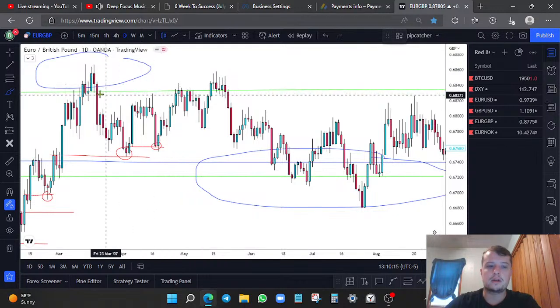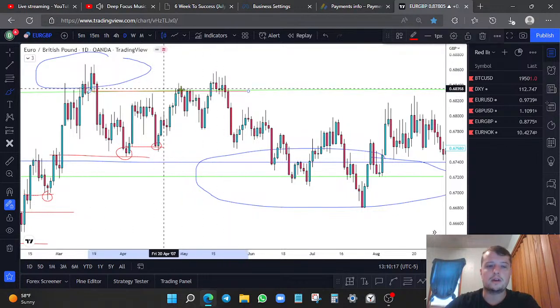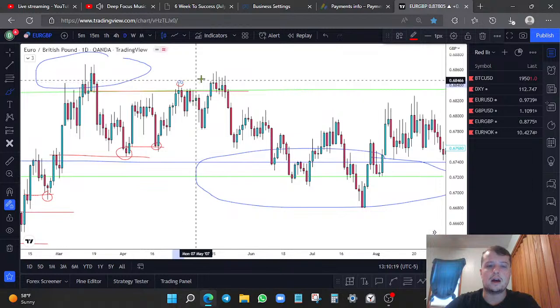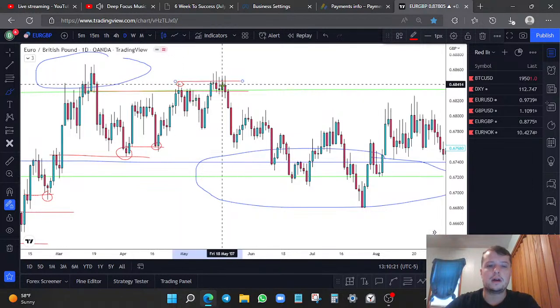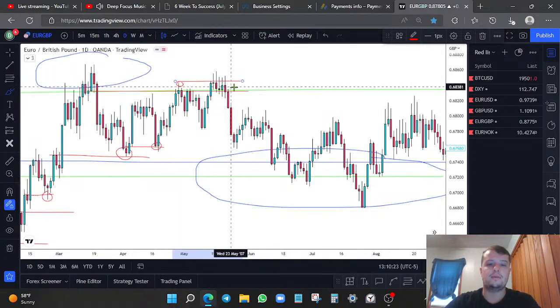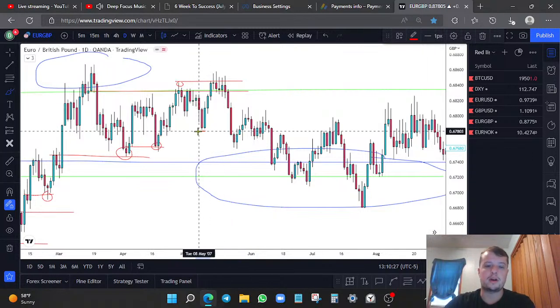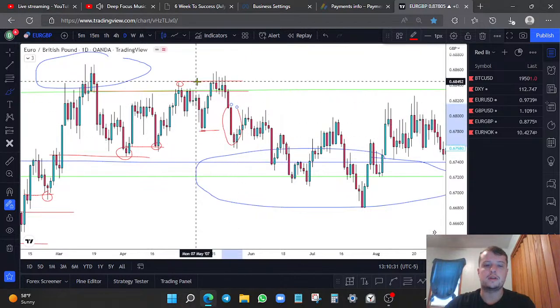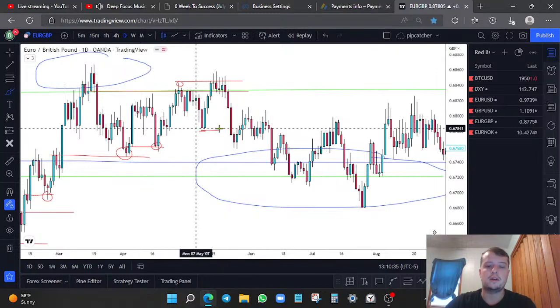So price rejects around this area, and there's a high. This high, the liquidity gets captured, and price comes down and breaks this low. You can see there's closes below this low here.